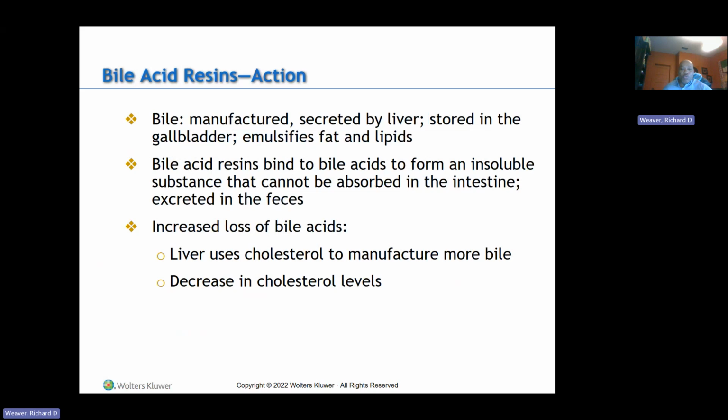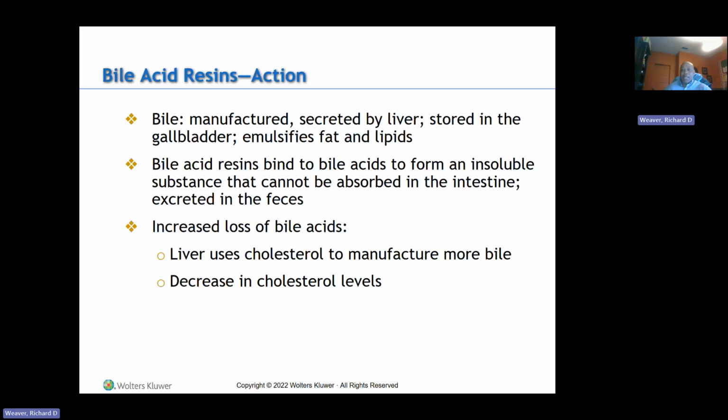Now, what the bile acid resins do is they bind to the bile acids to form what is referred to as an insoluble substance that cannot be absorbed by the intestine. All right. So we take this drug, this bile acid resin. When we give this drug to patients, it is going to bind to the bile acids that are produced by the liver.